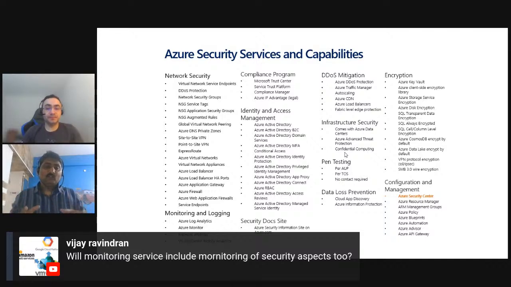Azure Defender is the tool that detects those security incidents, and from Azure Monitor you can put those alerts, you have to configure them, and then you'll get all of those things. Also in Azure Defender you can configure it, so whenever there's a breach of your security, it will trigger an alert.